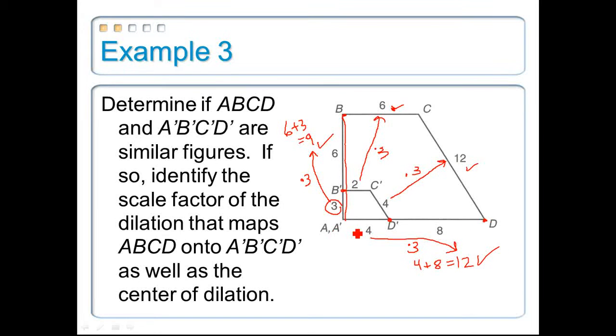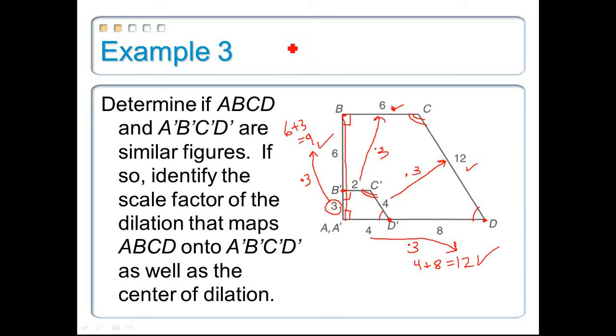So it looks like it's similar. You can check that A prime and A are the same, so they don't really matter. And they look like a right angle, looks like a right angle, looks like a right angle. With more information, this looks the same as this, and this looks the same as this.